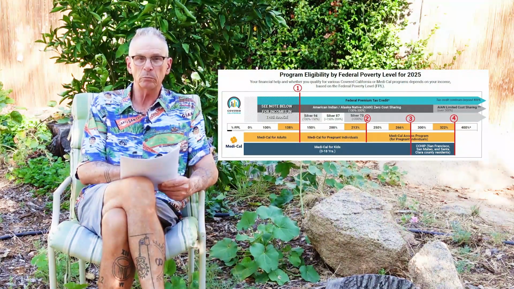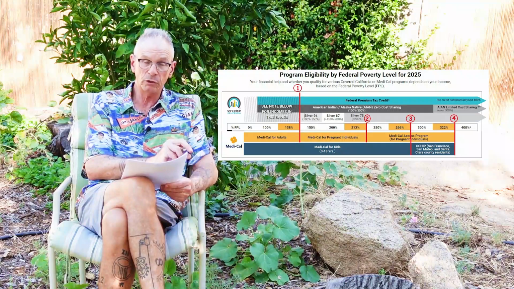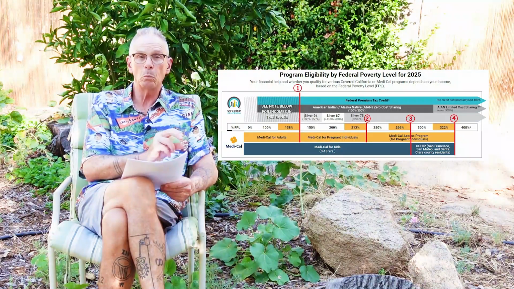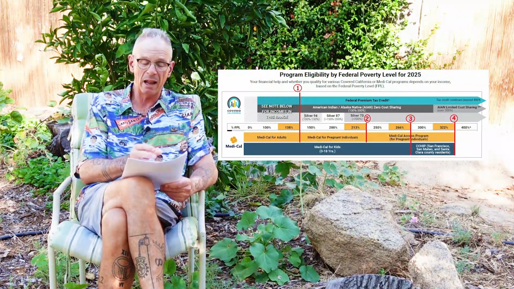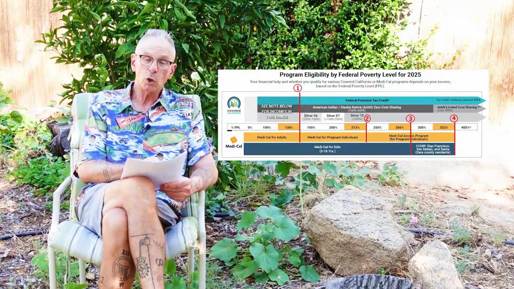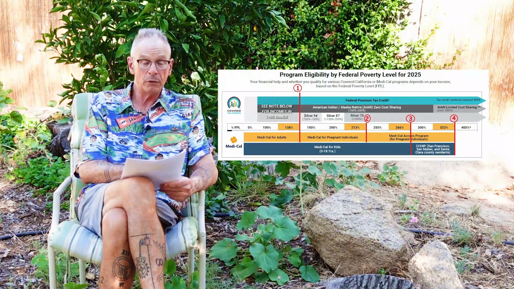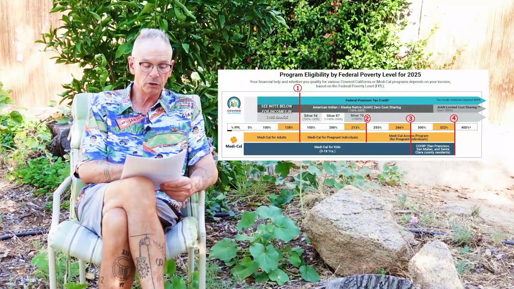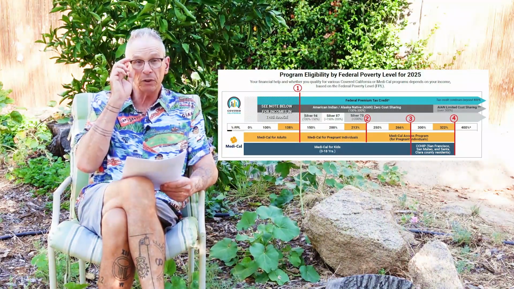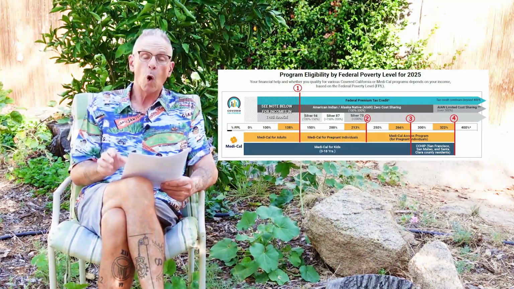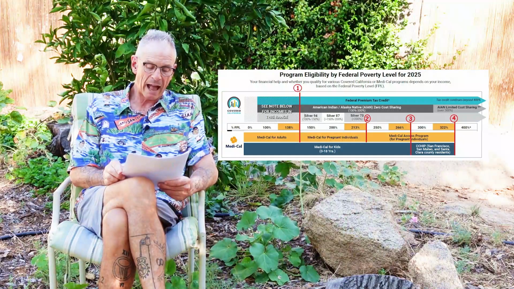They take whatever that number is for the household size and multiply it times 1.38. If your annual income, or monthly when we're dealing with Medi-Cal, is below 138% of the federal poverty level, you are eligible for Medi-Cal.